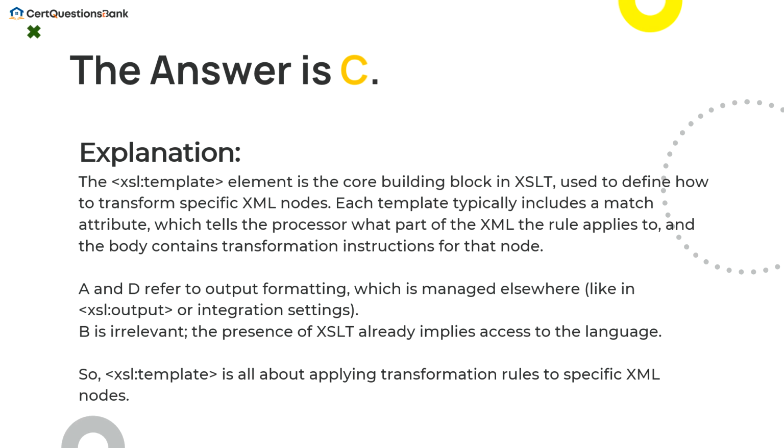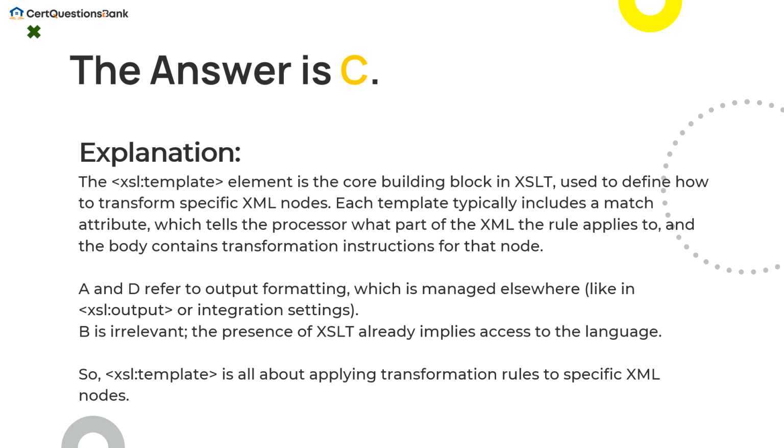The answer is C. The element is the core building block in XSLT, used to define how to transform specific XML nodes. Each template typically includes a match attribute, which tells the processor what part of the XML the rule applies to, and the body contains transformation instructions for that node.